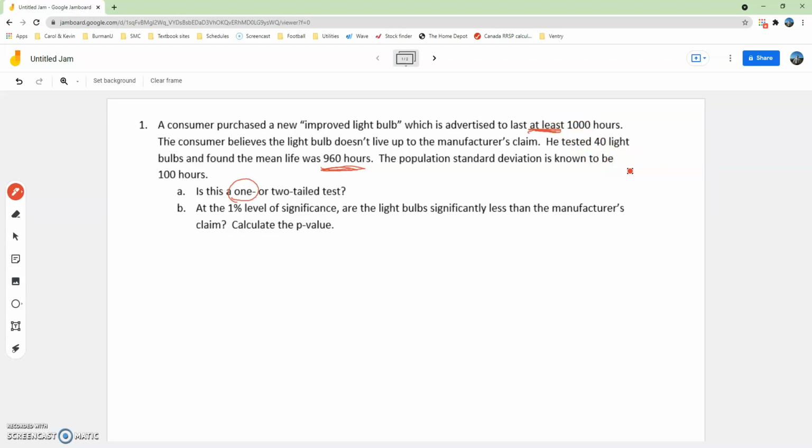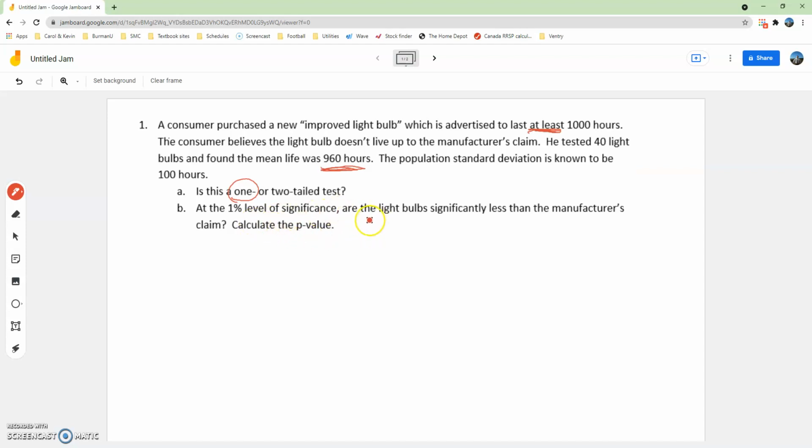Whereas a two-tailed test will have a word like different than, or that the light bulb is advertised to last 1,000 hours. So it is 1,000 hours, and then we test to see if it's not 1,000 hours. So that's a two-tailed test. Words like equal or is or different are going to be the key words.